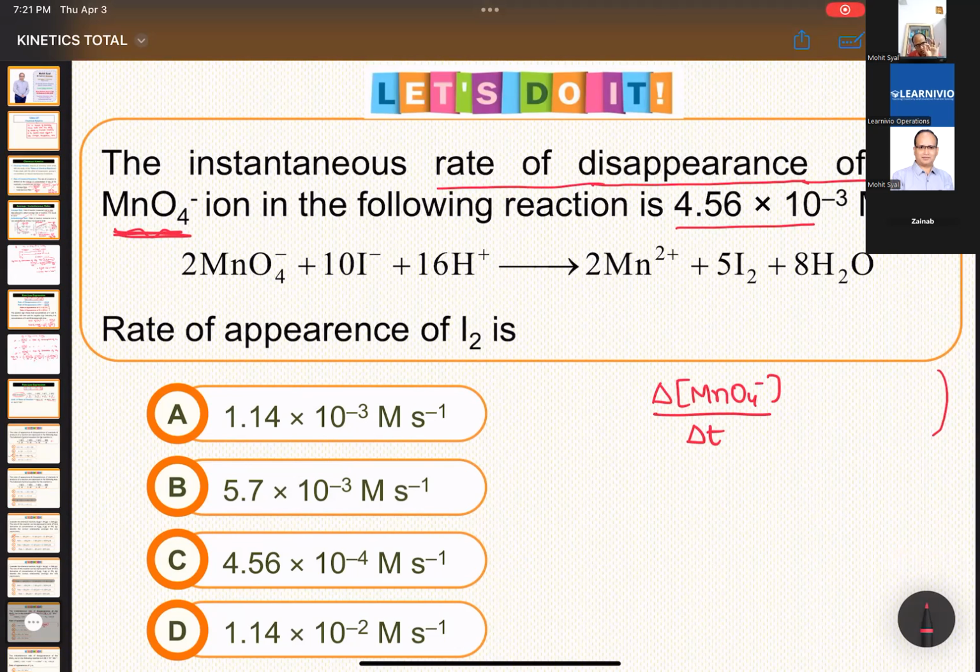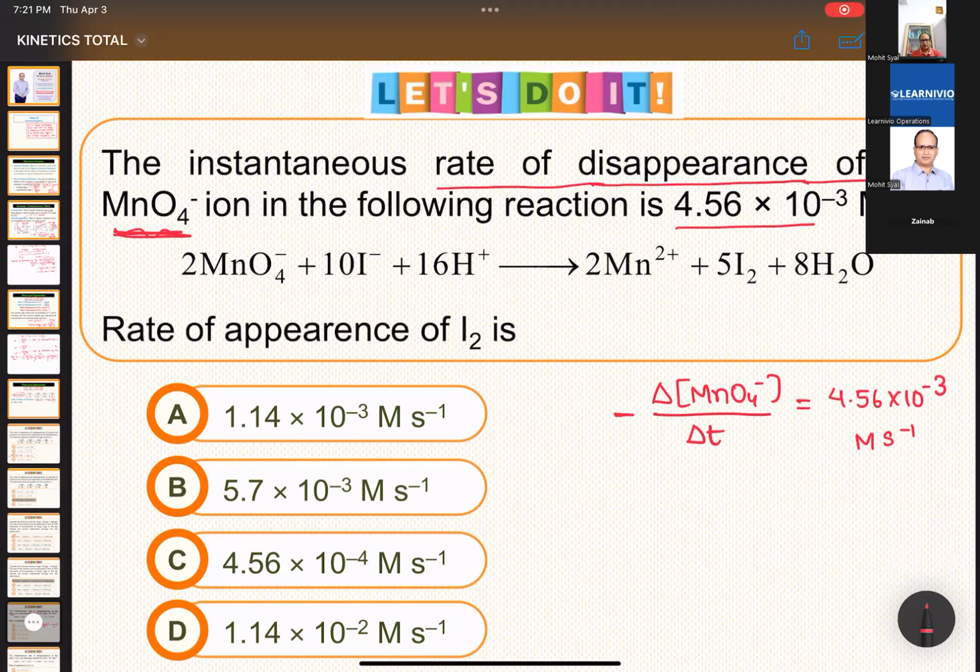If you are talking about the rate of overall reaction, divide by the stoichiometric coefficient. Got it? Yes. So the one given in the question is 4.56 into 10 to the power minus 3. Mole per liter is represented by capital M per second.